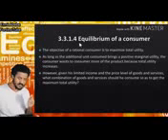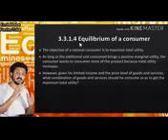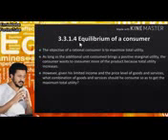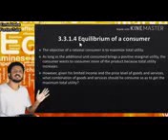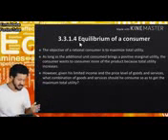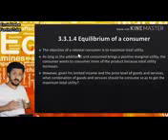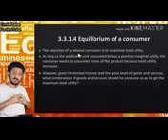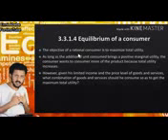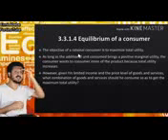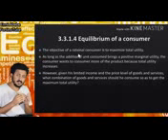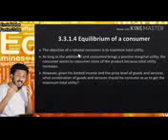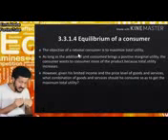So equilibrium is a point at which satisfaction is maximized. The objective of any rational consumer is to maximize total utility, but the consumer cannot do that because of budget limitation.